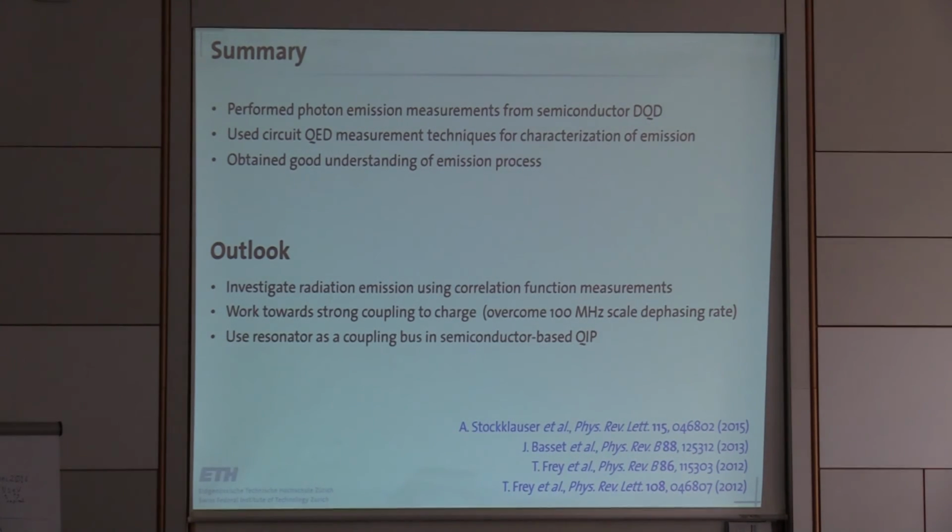So if this was all that was happening, if the dot would not introduce an extra relaxation mechanism, then you would only see this frequency shift. But because the dot creates an extra relaxation mechanism, because you can create phonons, for example.